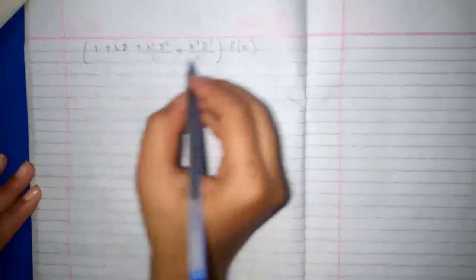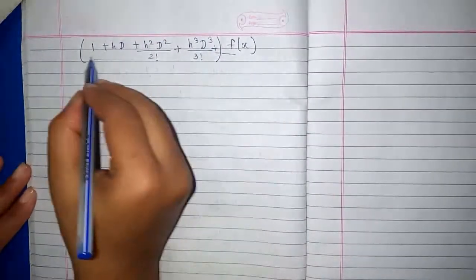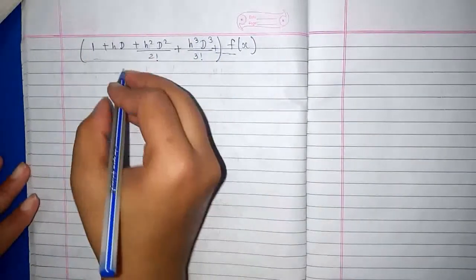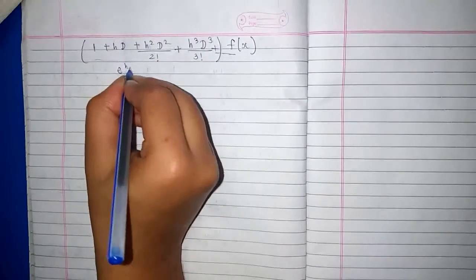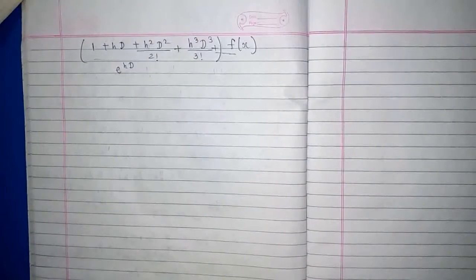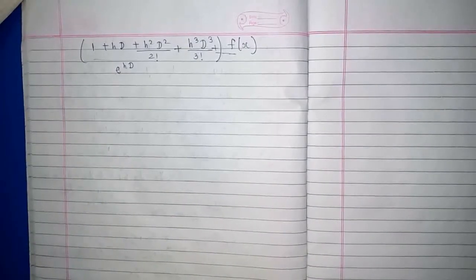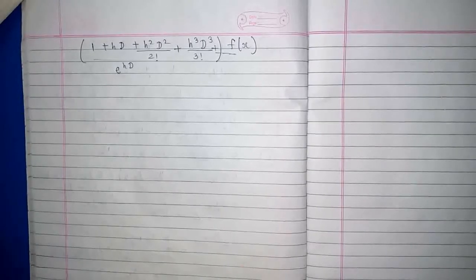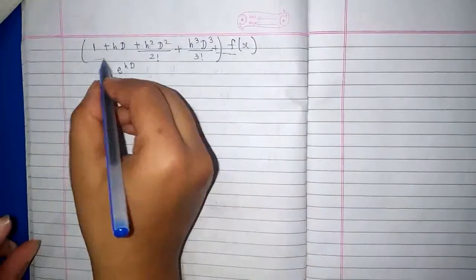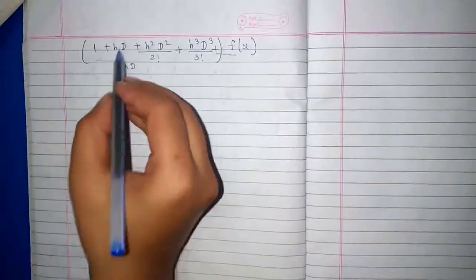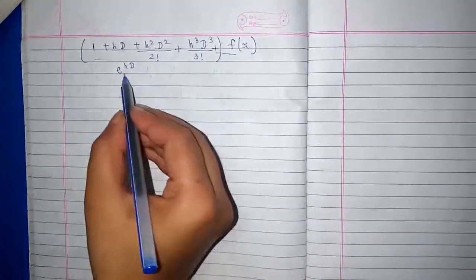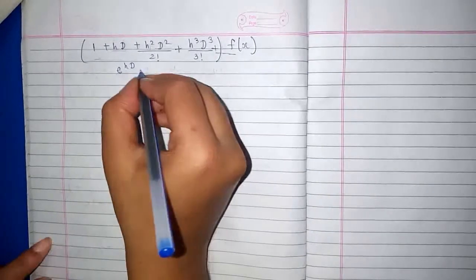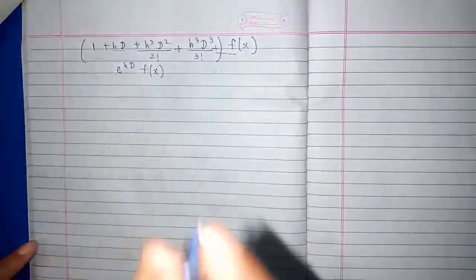And this is the expansion of nothing else but e to the power hd. Like sin x can be expanded. Cos x has also some expansion. Tan x has also some expansion. Log x has also some expansion. So this is the expansion of e to the power hd, because here hd is there. So I am writing here e to the power hd fx. So this is all about.